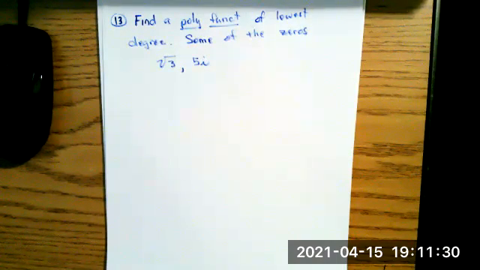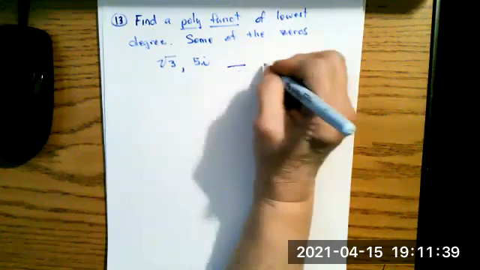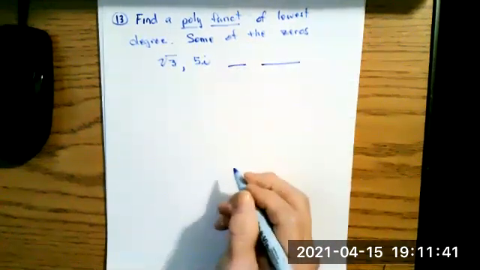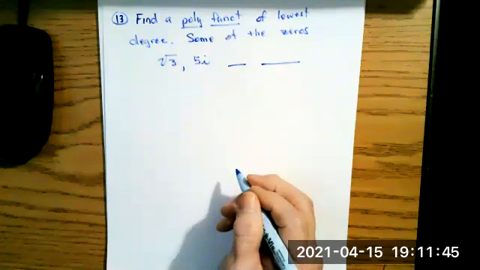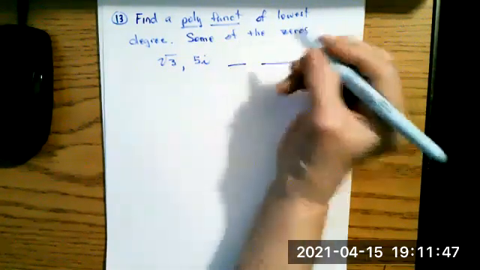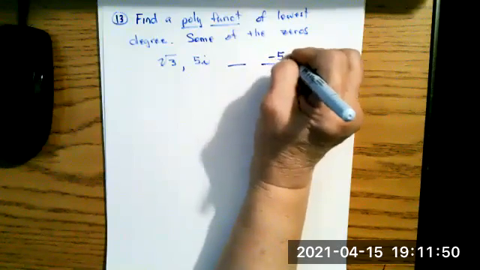So we know it doesn't give us any rational ones, it just gives us those two. So we know that there are two more. What are the other two? Negative 5i and negative square root of 3.